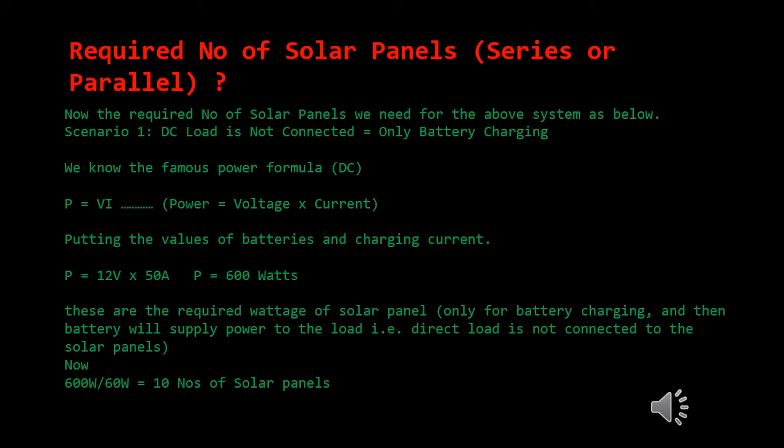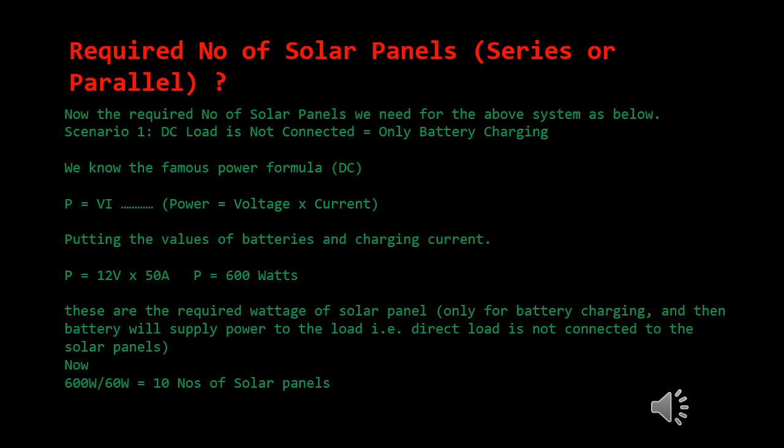Now, the required number of solar panels we need for the above system, as below. Scenario 1: DC load is not connected, only battery charge. We know the formula for power: power is equal to I times V. P for power, V for voltage, I for current. Put the value of the batteries and charging current.